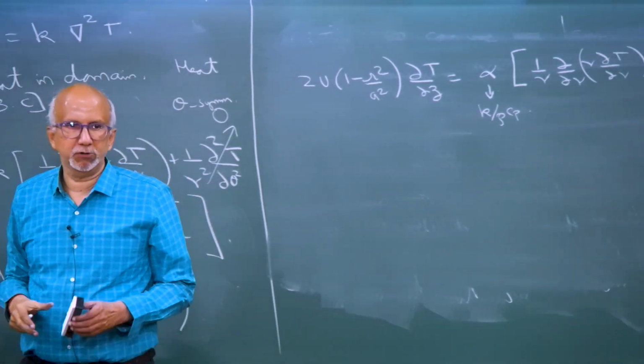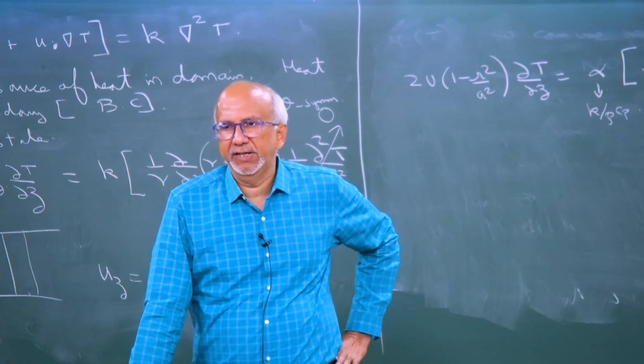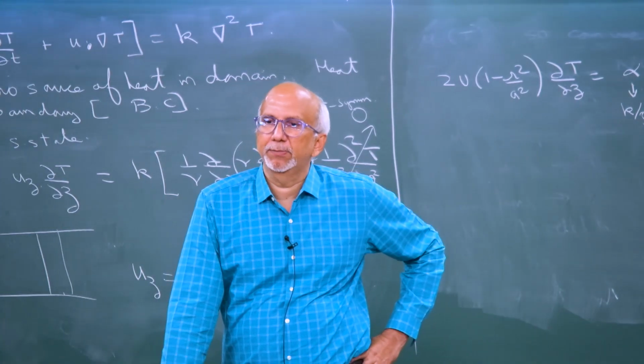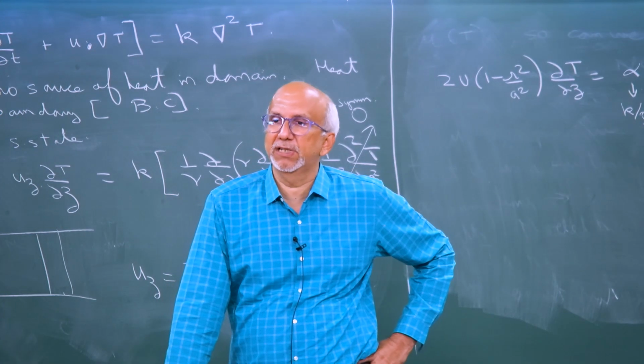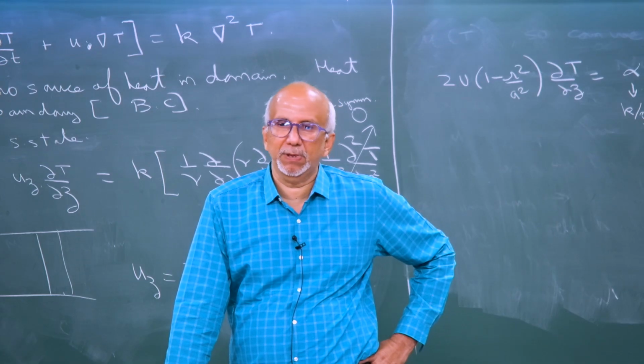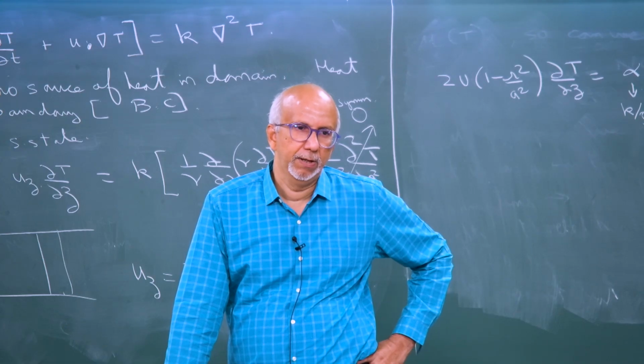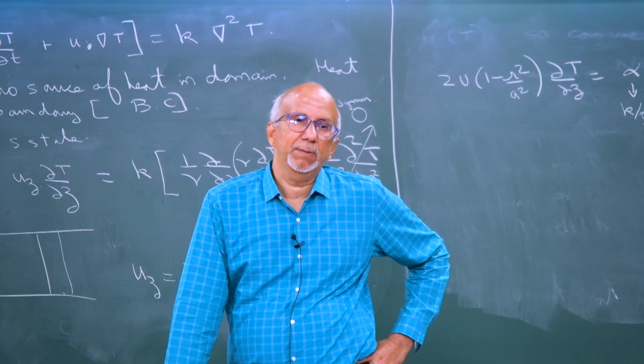Now, what I also want to mention is that this Laplacian, the way I have written it, is for a scalar, because I am talking about temperature, although this is a cylindrical coordinate system. Remember when we were talking about the Laplacian earlier in the Navier-Stokes equations, we got some extra terms. But there the Laplacian was operating on a vector.